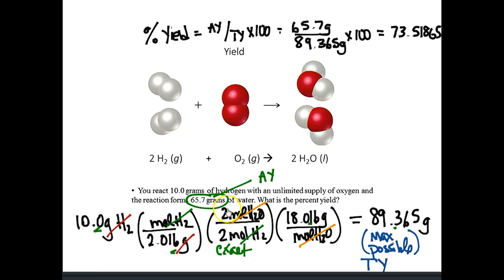The stoichiometric coefficients are exact. The molar mass of water has 4, which means that my theoretical yield is accurate to 3 sig figs. My actual yield given has 3 sig figs, which means my answer should round to 3 significant figures. The number 100 is exact. So I end up with 73.5% as my answer.